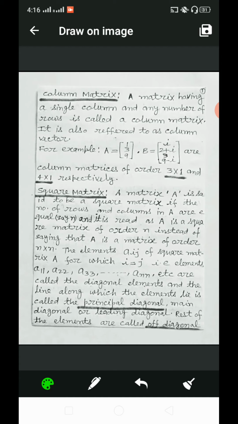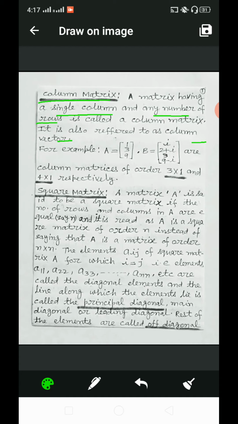Now we discuss the column matrix. A matrix having a single column and any number of rows is called a column matrix. It is also referred to as a column vector.